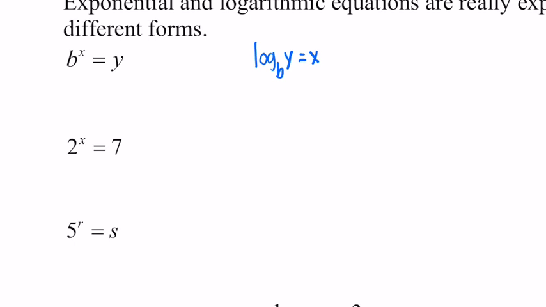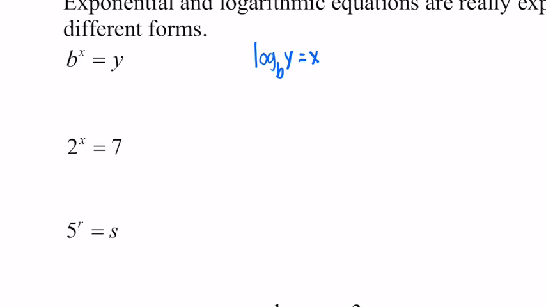of y equals x. So when you're converting an expression between exponential and logarithmic forms, remember the base stays the same, and the exponent of the exponential form is the answer of the logarithmic form.